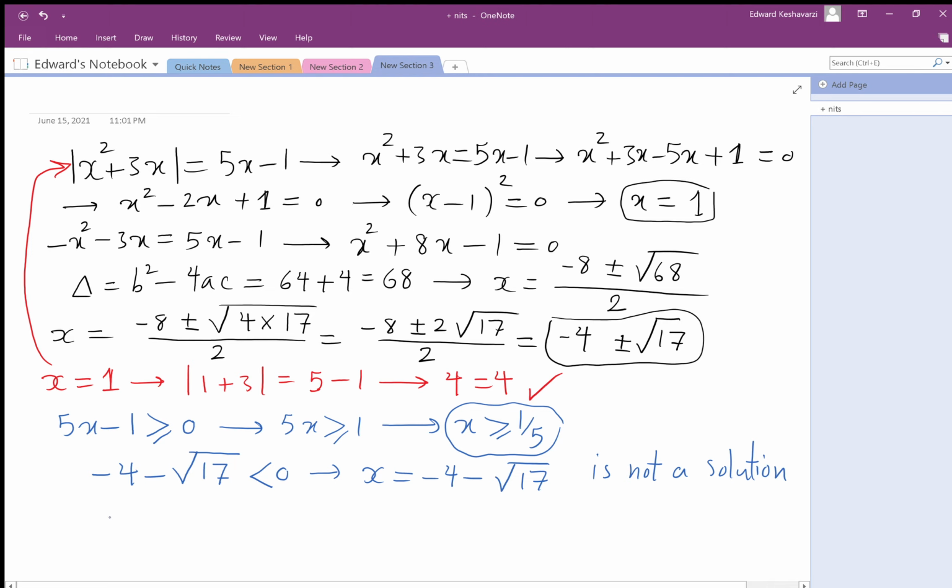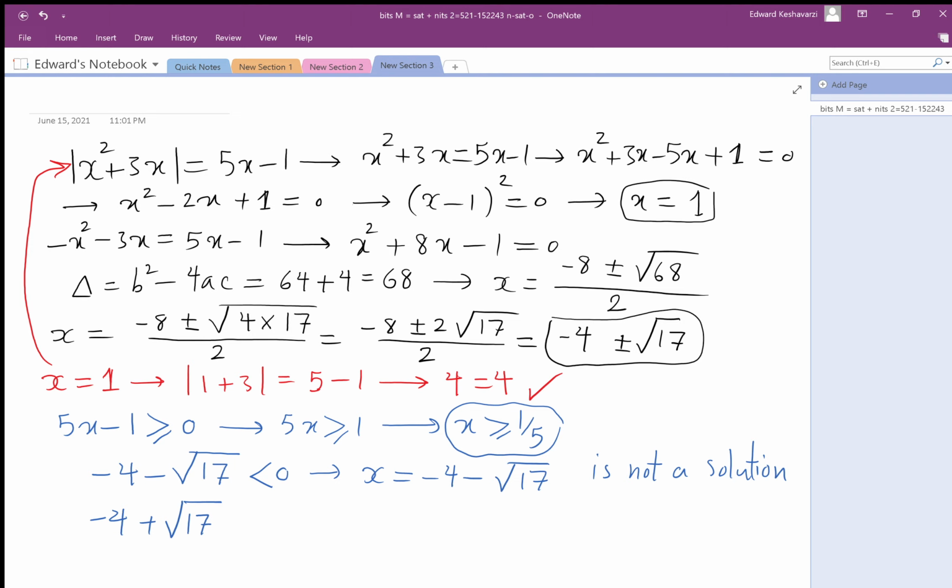Okay, let's take a look at -4 plus square root of 17. If you use your calculator, let's see what is the value of square root of 17 minus 4. There are many ways to determine whether it's less than 1/5 or larger, but I don't want to face those complications for this question and this level.